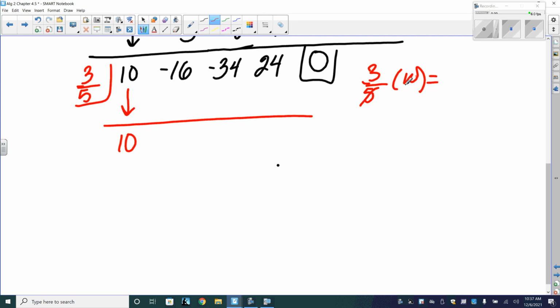Well, again, the 5 and 10 would reduce to 2. 3 times 2 is 6. Add straight down, negative 16 plus 6 is negative 10. 3/5 times negative 10 would be 6, add straight down, negative 34 minus 6 is negative 40.